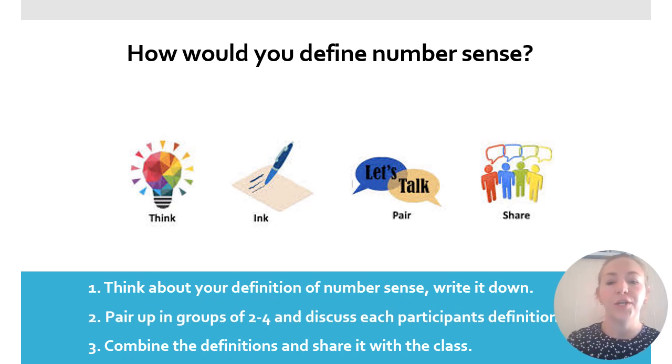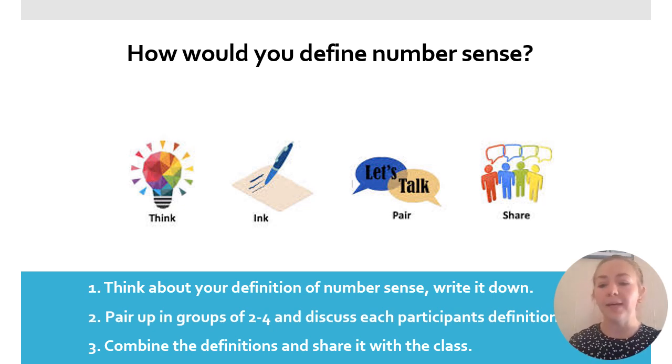Right, so we started with number sense in the class, and we did a think, pair, share activity where we firstly individually thought about how we would define number sense. I know you had a subject last year where you touched on the basic principles of number sense and counting.